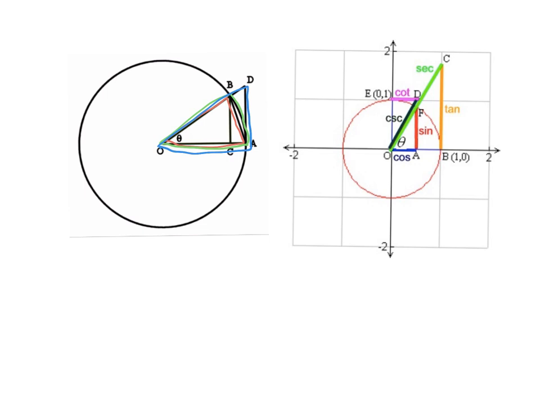So the gist of what I'm saying here is that I submit to you that the area of triangle OAB is less than or equal to the area of the sector OAB, which is a little bit bigger, and that's less than the area of triangle OAD.